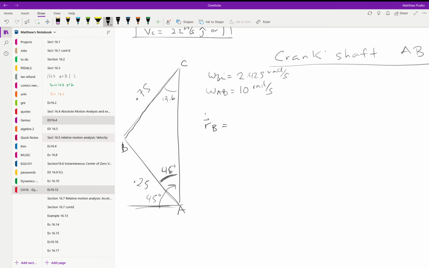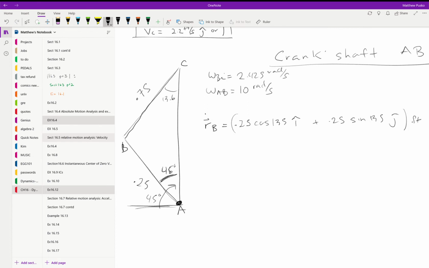So B is located from this point of rotation A at 0.25 times the cosine of 90 plus 45, or 135, in the I direction, plus 0.25 sine of 135 in the J direction. And that is in feet.